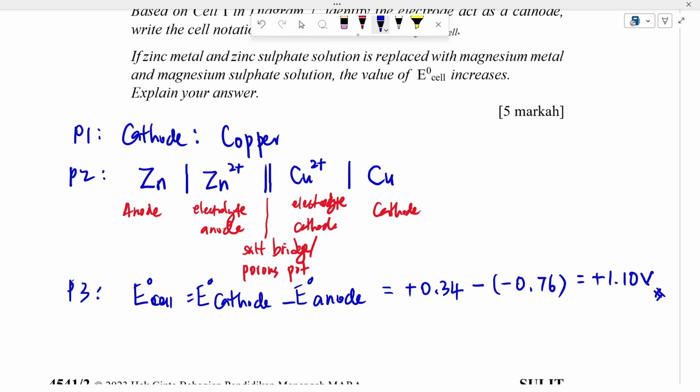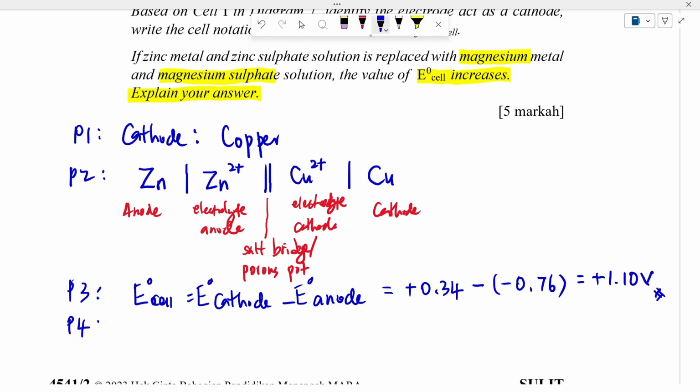Okay, so point number 3. Now another question here. If zinc and zinc sulfate is replaced with magnesium metal and magnesium sulfate solution, E0 cell will be increased. Increase means higher. Explain your answer. Why? Same concentration. Magnesium has more negative value.